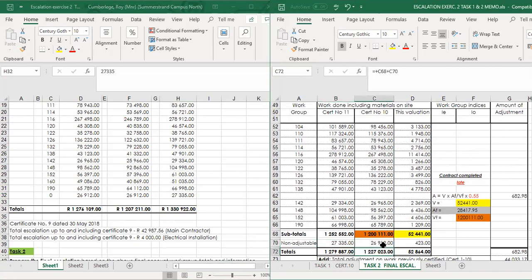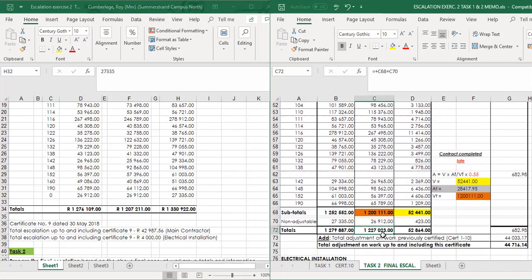The contractor will receive 1.227 million, but only 1.2 million was subject to escalation, and that is the VF value. The V value, which is now the outstanding amount due to the contractor subject to escalation, is the 52,441. Obviously, the contractor will receive 52,864, but only from that amount, only 52,441 is subject to escalation.